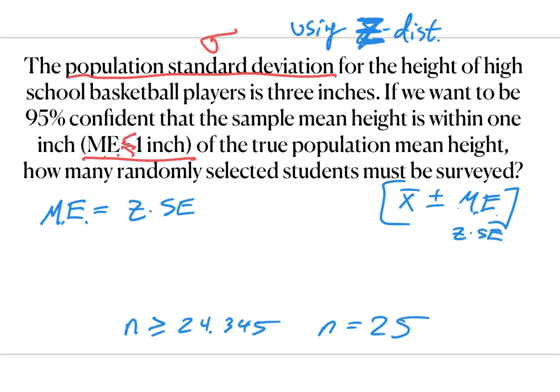Specifically to what we're working on in this problem, the standard error is sigma over the square root of n. So this could then be rewritten as z times sigma over the square root of n. And I want my margin of error to be less than or equal to 1.